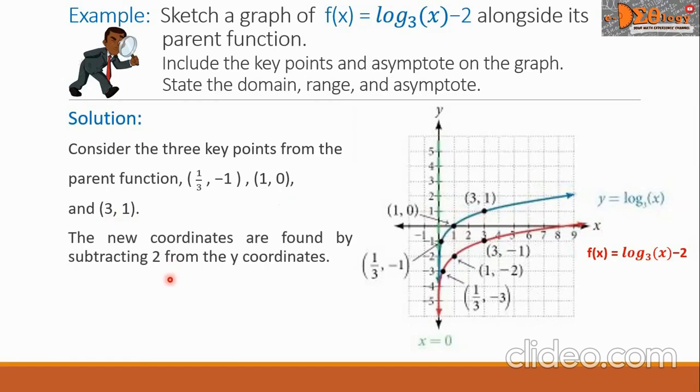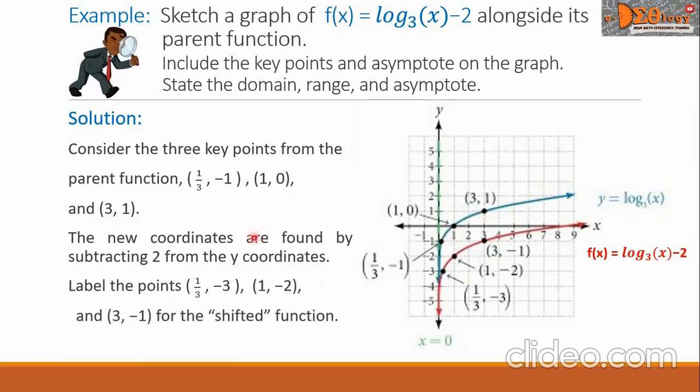The new coordinates are found by subtracting 2 from the y coordinates. So for the point 1/3, negative 1, it becomes 1/3, negative 3. This is that point.